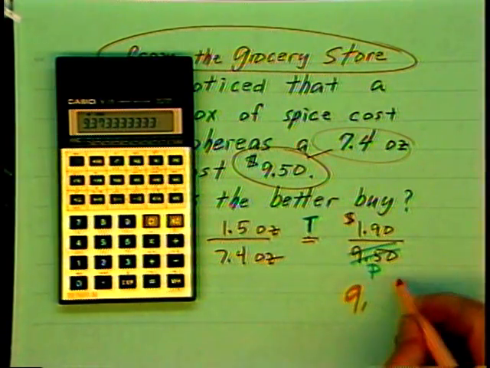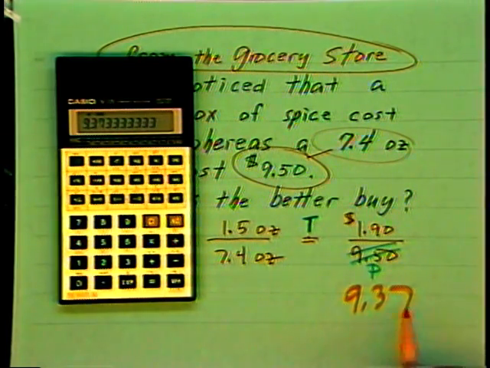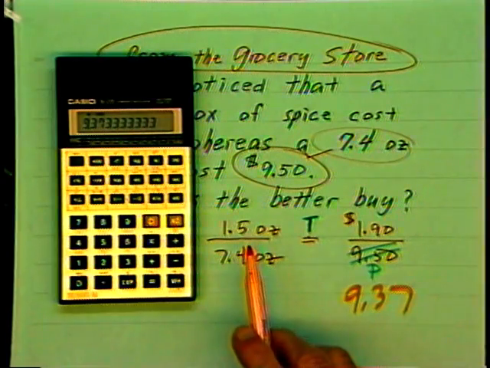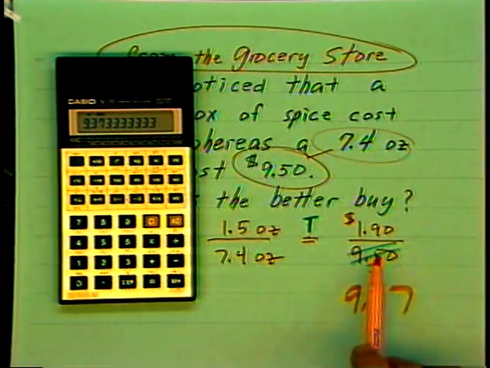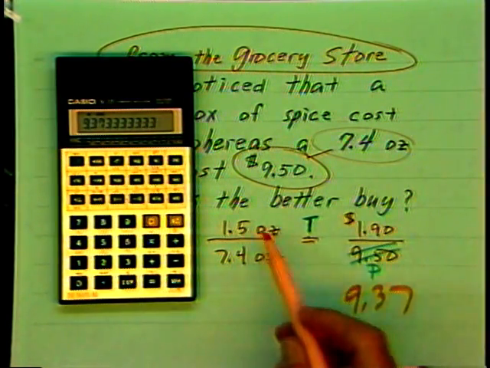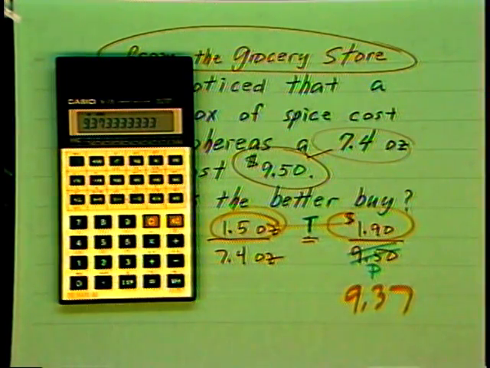And that tells me that if the large box were priced at the same rate as the small box, it should have been priced at $9.37. And in fact, it's priced 13 cents higher. So in fact, the little box per ounce is indeed the better buy.